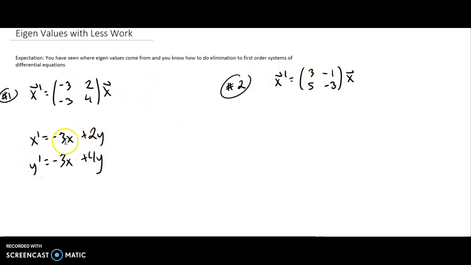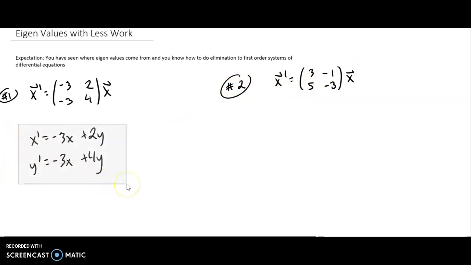I rewrote this one right here for you in the long form, in the non-matrix form, so that you could recognize it and be like, oh yeah, I've done that type of problem. Ideally, you've solved both problem number 1 and problem number 2 already using elimination.